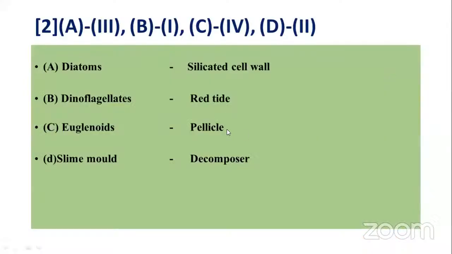You know, see that. Diatom, silicate cell wall. Silicate means what is that? It is made up of silicon. That is also nothing but sand. Soap like water box, tightly fixed. Non-destructible. Okay. Dinoflagellate, take an example, red tides due to the presence of phycoerythrin.